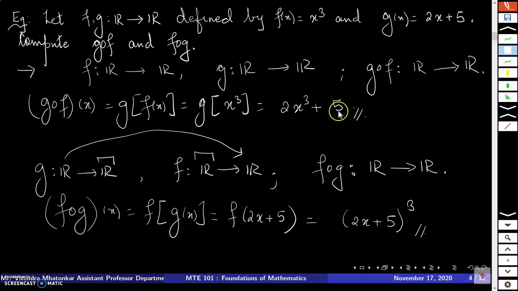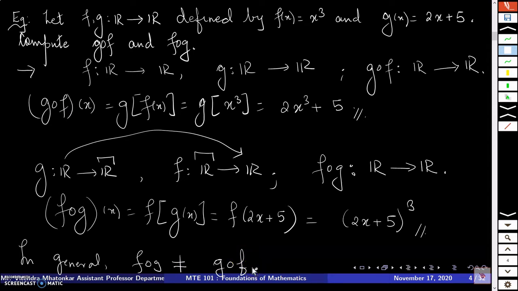From here it's clear that they are not equal. Okay, so in general f composite g need not be equal to g composite f. In some cases they are equal, but in general you cannot say that f composite g will be the same as g composite f.